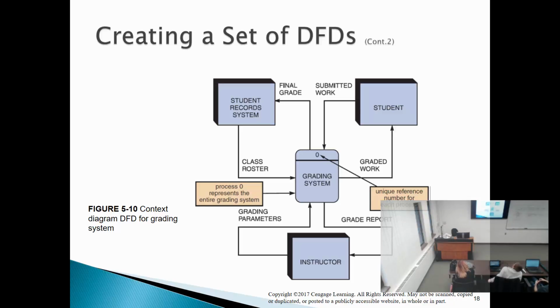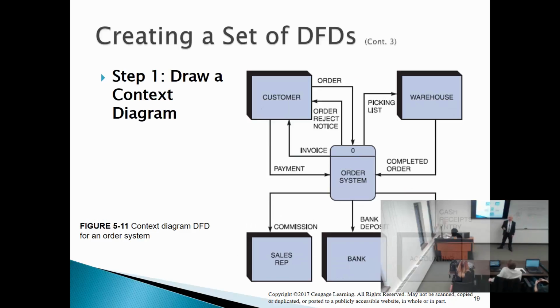So, as it says here, these are just label blocks. These would not be on a DFD diagram. These are just here for your education. So we number this 0, and it is the entire grading system. Okay, so that's step 1. We draw a context diagram.